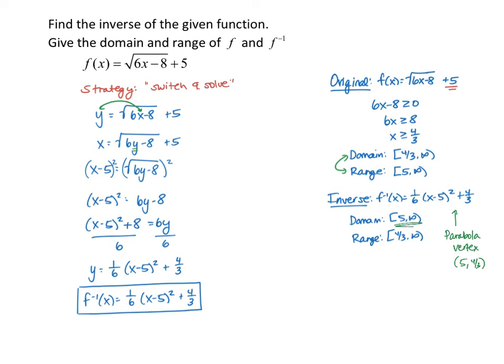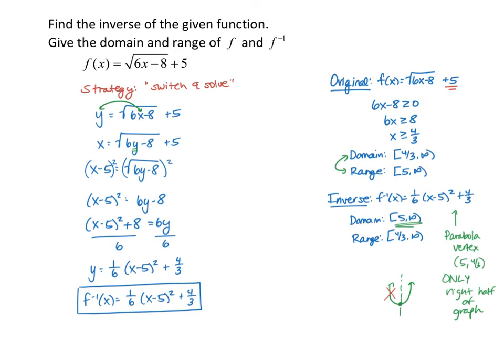So what that tells us is this is only the right half of the graph. So imagine your parabola with its vertex, and we're chopping it right down the middle, and then we're saying this left side is not there at all. We just have the right-hand side starting from 5 and going to infinity.